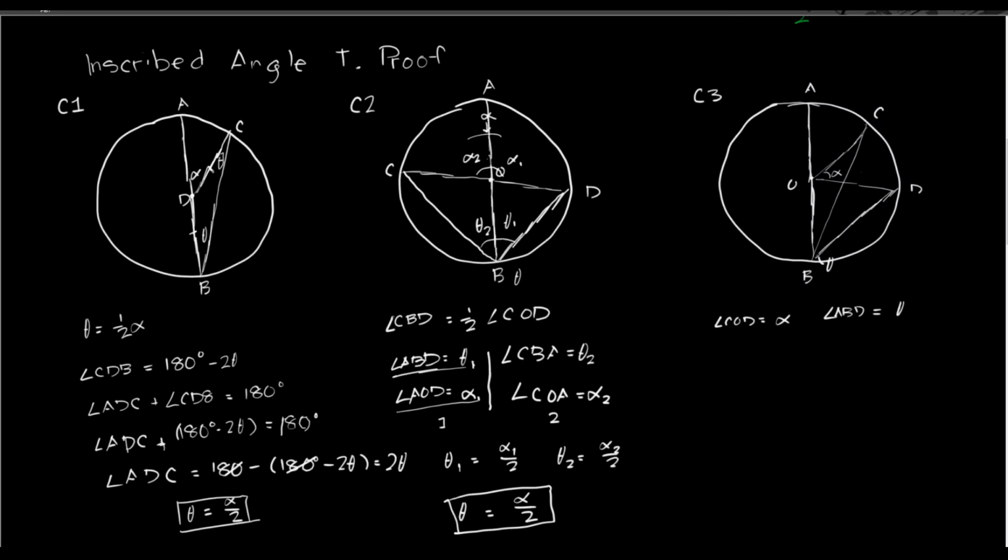So theta is this angle here, ABD. Now, similar to case 2, let's divide theta into two parts. Angle ABC, which is equal to theta 1, and angle CBD, which is equal to theta 2.